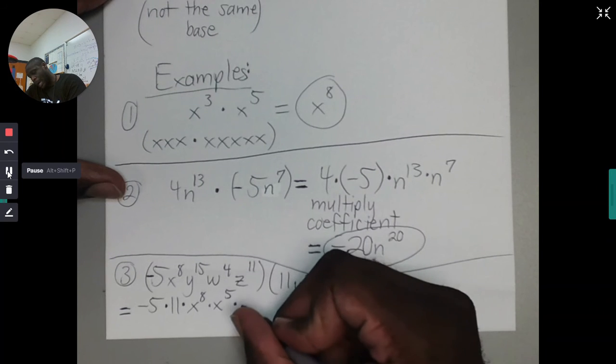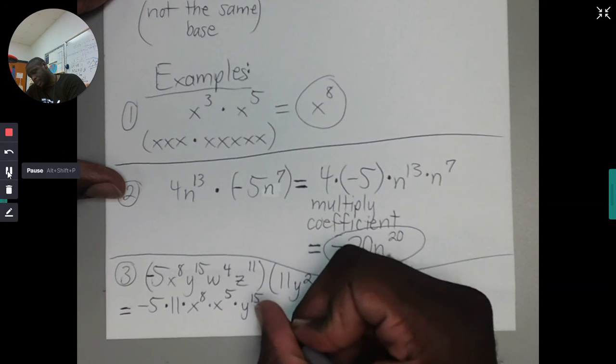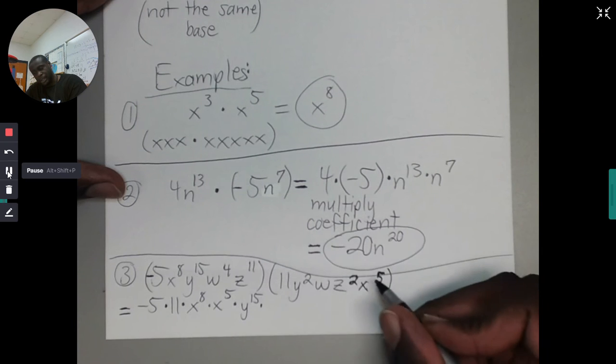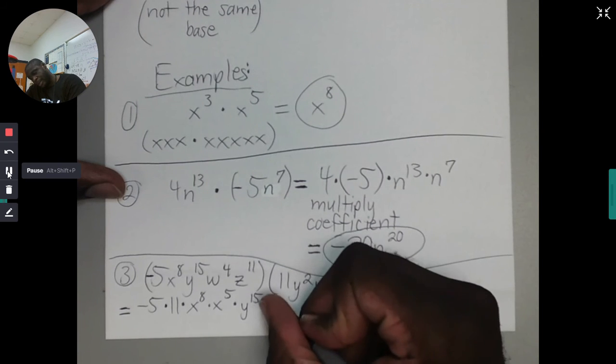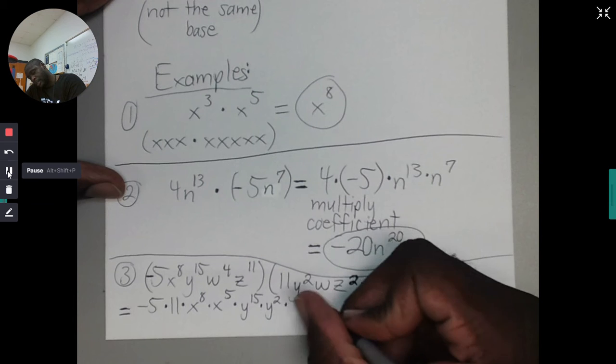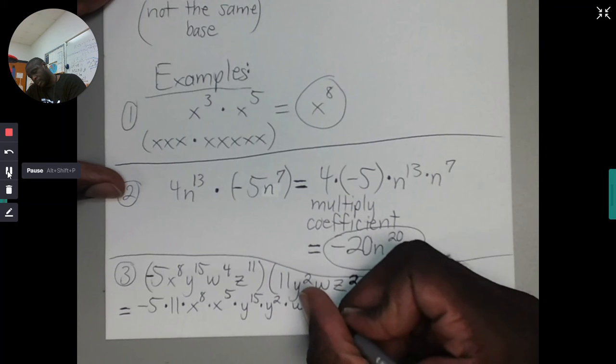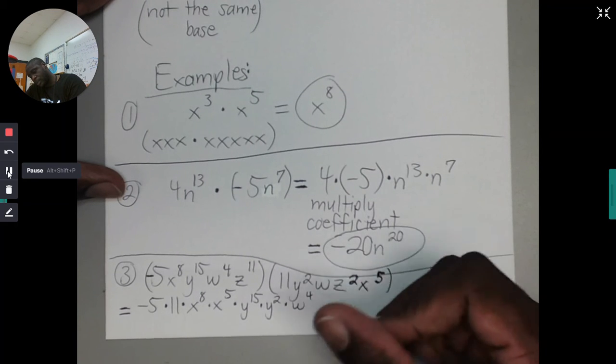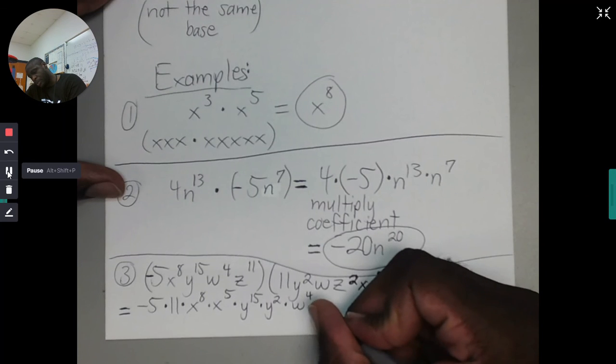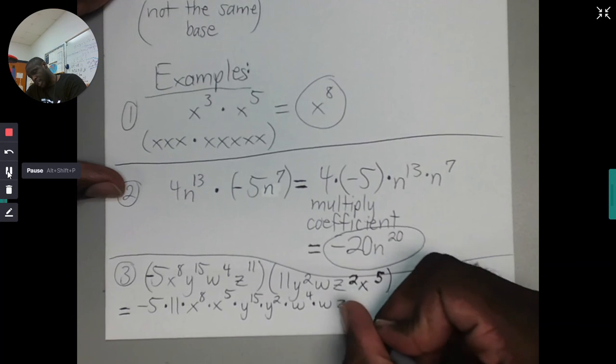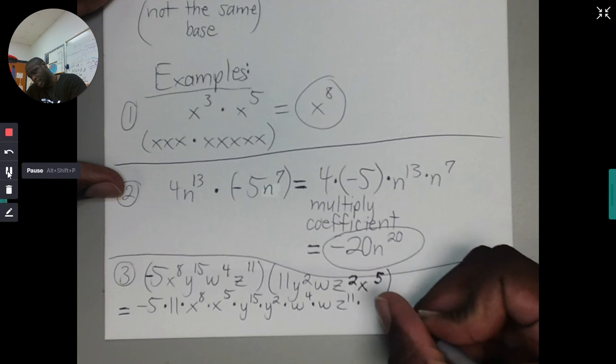The y to the 15th power looks just like the y squared. W to the 4th, and W, Z to the 11th, and Z squared.